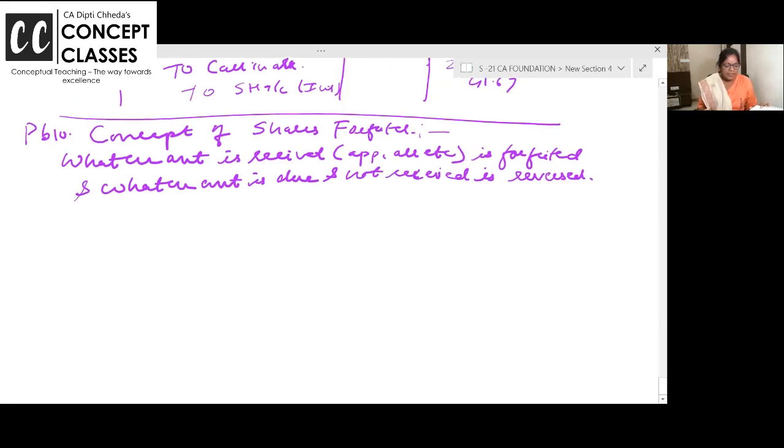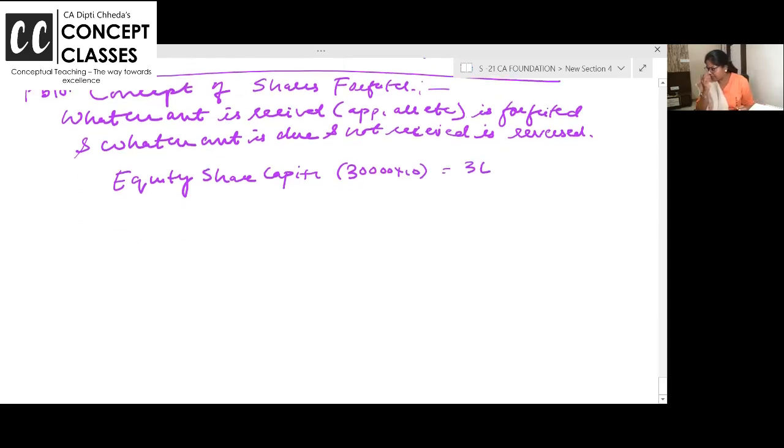So you have forfeited 30,000 shares. Equity share capital debit, 30,000 into 10, 3 lakh.